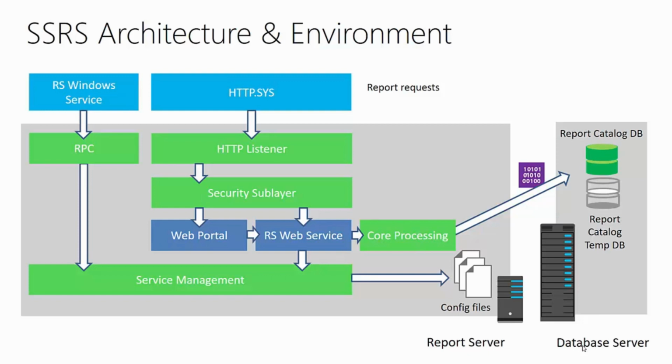So that's volatile information like instance caching information. So if the server needs to be restored, it's critical that the report catalog database is backed up and that's restored. But the report catalog temp database is just used temporarily to manage those temporary objects.